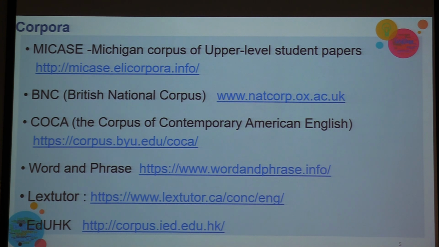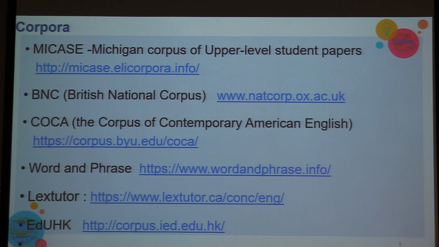For example, MICASE. MICASE, as suggested from the name, is contributed by university students from the University of Michigan, from different disciplines, science, maybe arts. And the BNC, as the name suggests, the British National Corpus, contains British English, and it's very comprehensive.